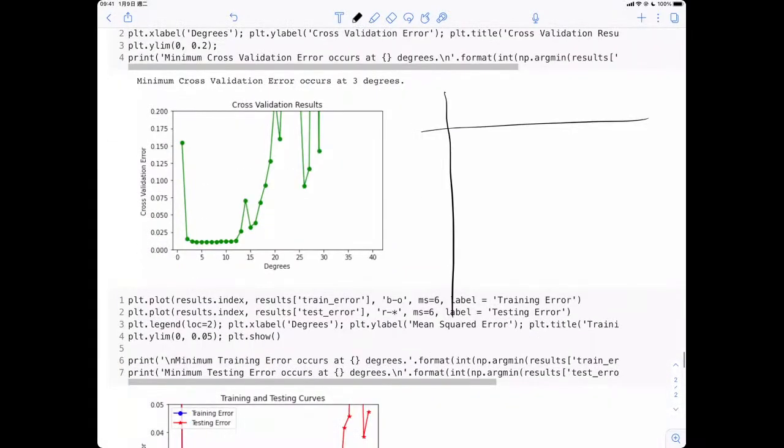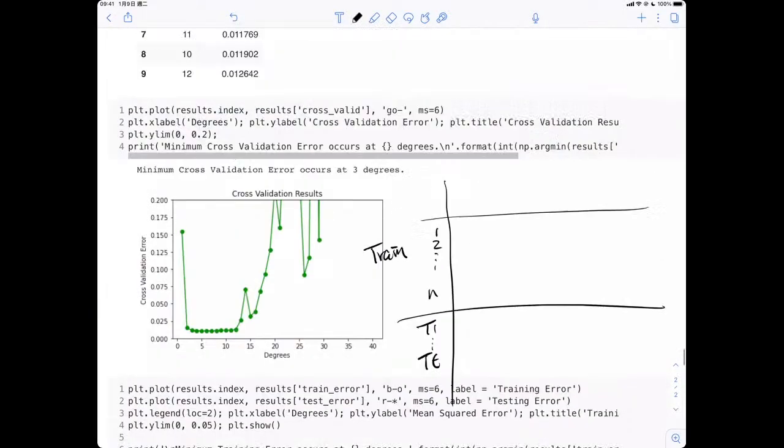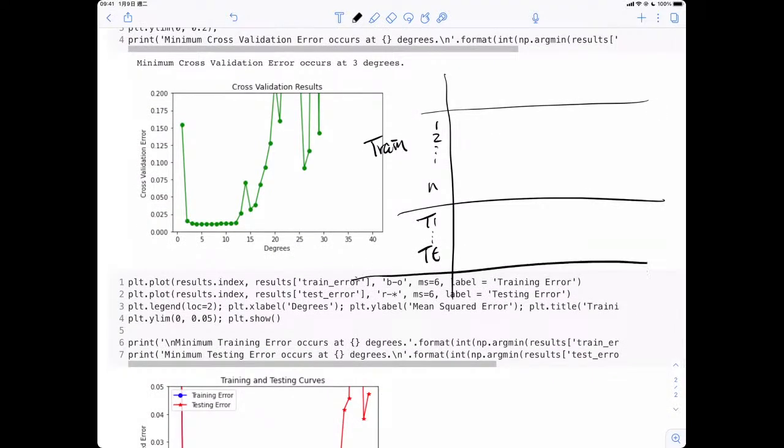So most likely we have a training data set, right? And of course you have to set your testing data set, so that every time you create your model, you can test how good your model is.